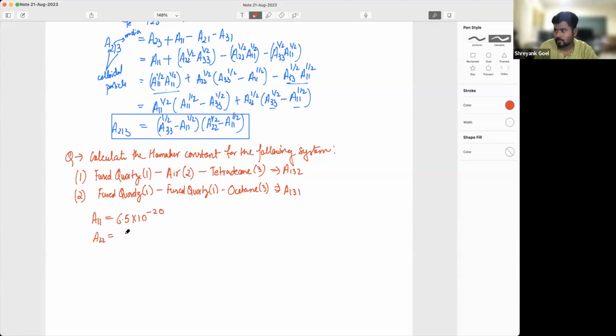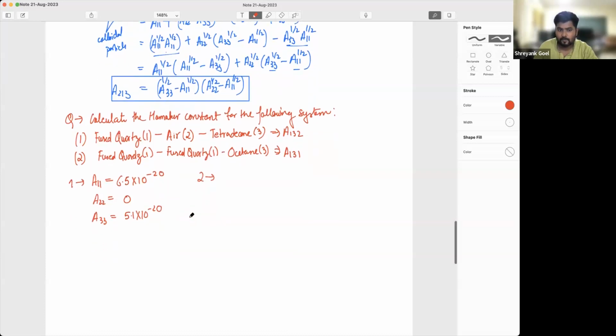A22 is 0. A33 is 5.1 into 10 to the minus 20. So that is for the case of first. For the second case, we have A11 same, that is 6.5 into 10 to the minus 20, and A33 is 4.5 into 10 to the minus 20 J.